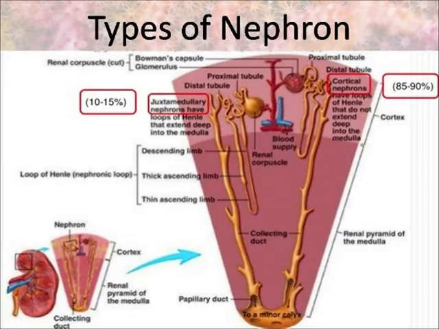Juxtamedullary nephrons are about 10 to 15% of the nephrons. They have glomeruli that lie deep in the renal cortex near the medulla and have long loops of Henle that dip deeply into the medulla, in some cases all the way to the tips of the renal papillae.